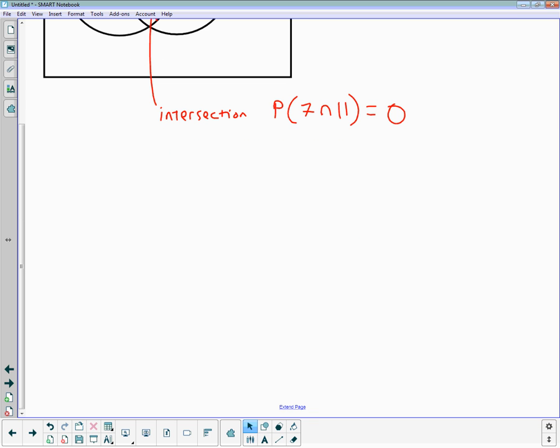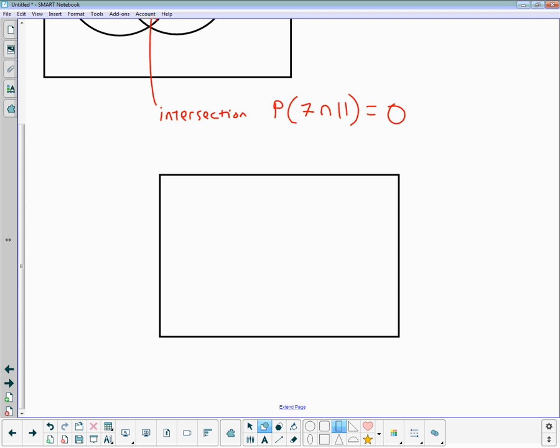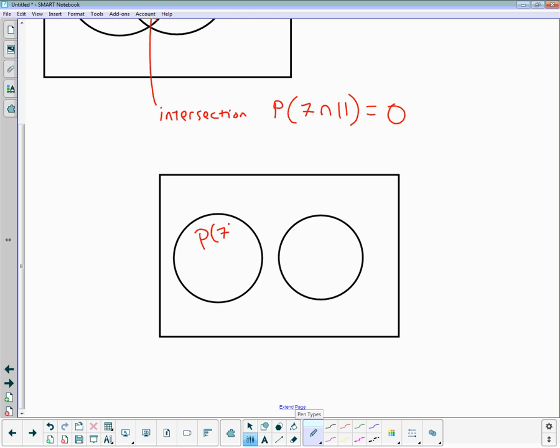So a better diagram would look like this. Now the probability of rolling 7 we found out was 1/6, or 0.16 bar.